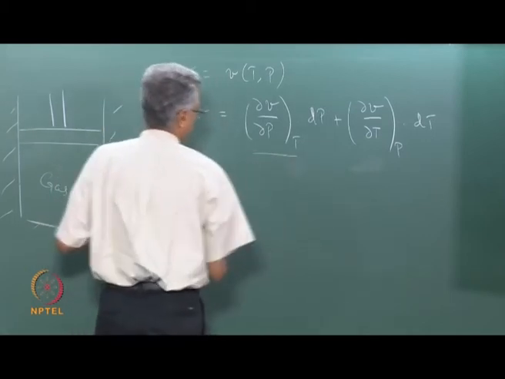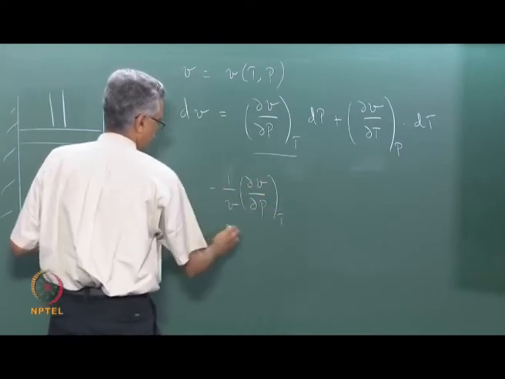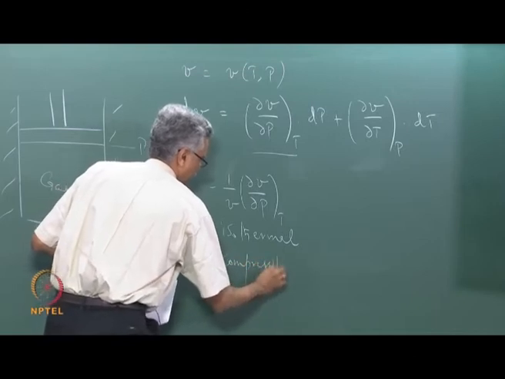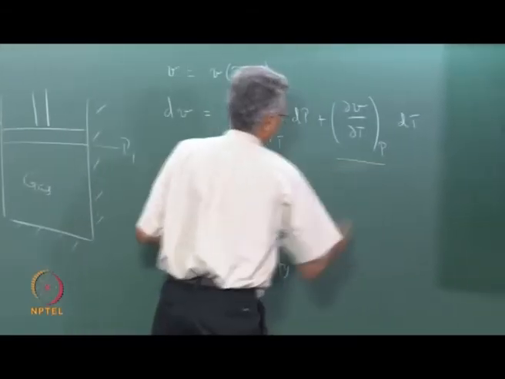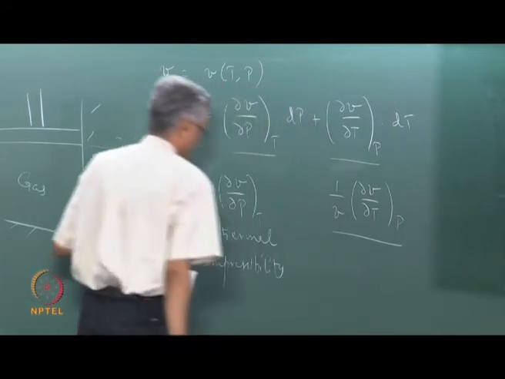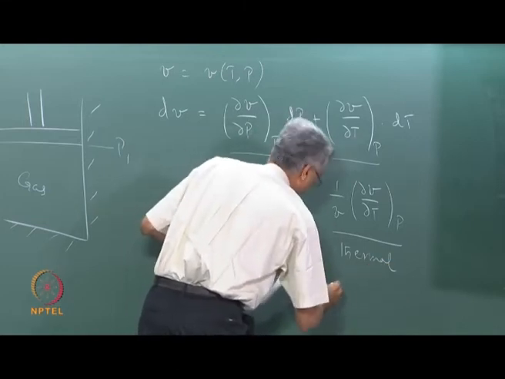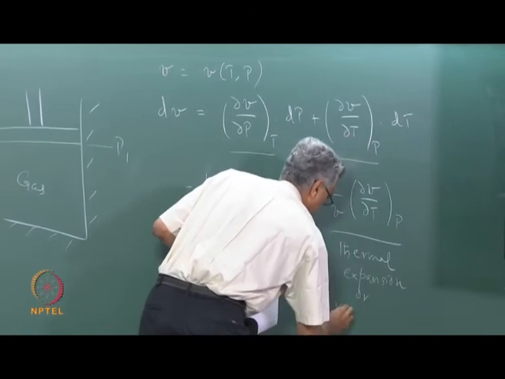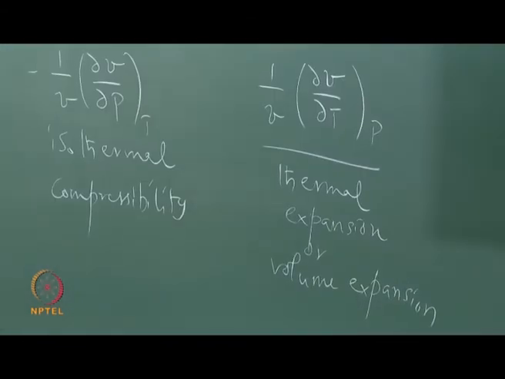So this term, in fact I can expand and write as minus 1 over V partial V partial P. This is isothermal compressibility, and this other quantity is called the coefficient of volume expansion.